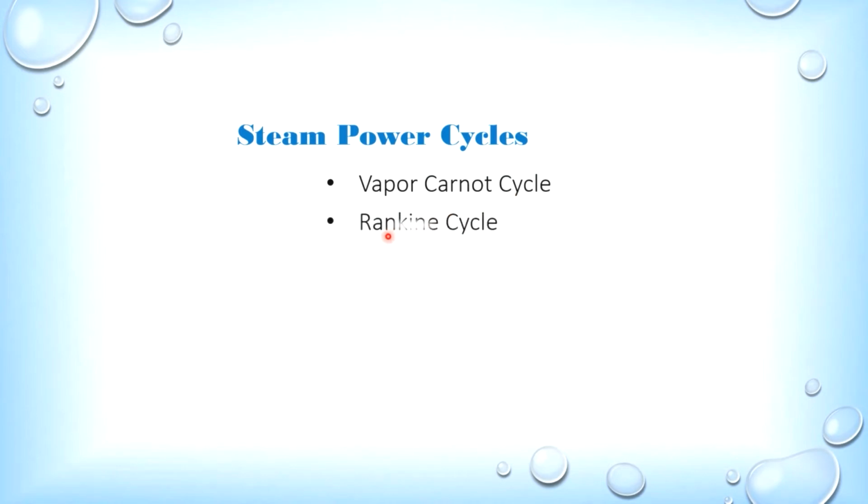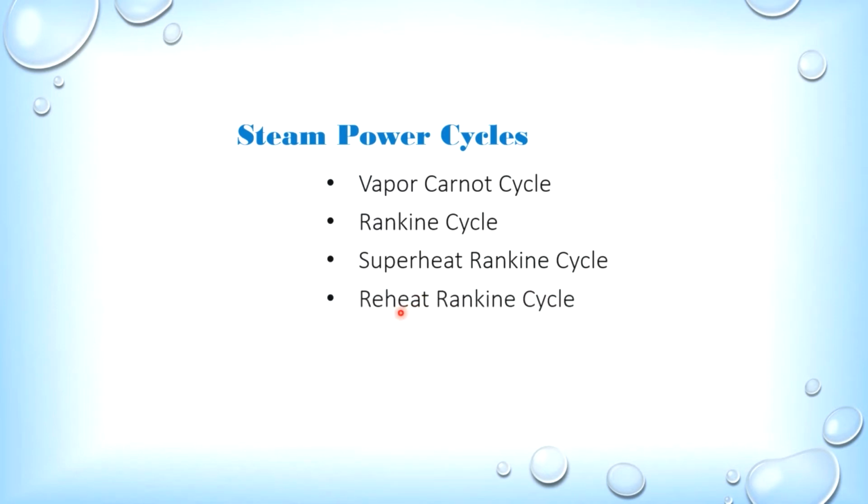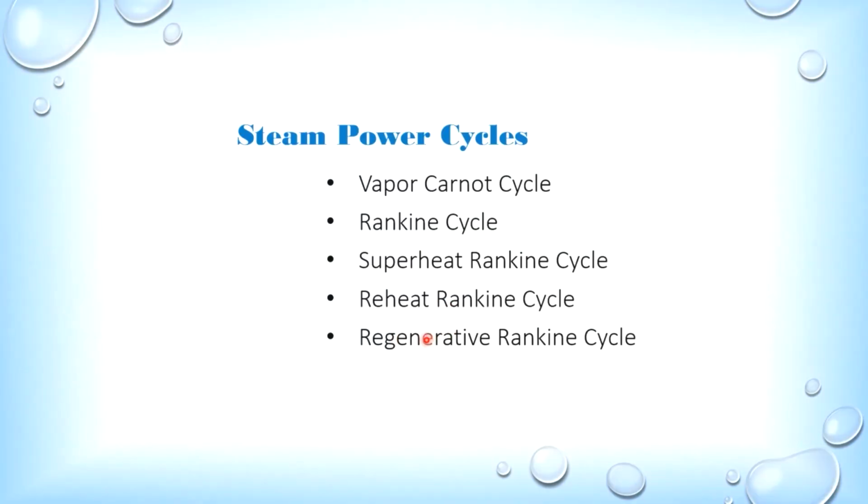Then we will be looking at the Rankine cycle, and then the superheated Rankine cycle, reheat Rankine cycle, and regenerative Rankine cycle. The reheat and the regenerative are optional. So the most important things are Carnot, Rankine, and superheat Rankine.